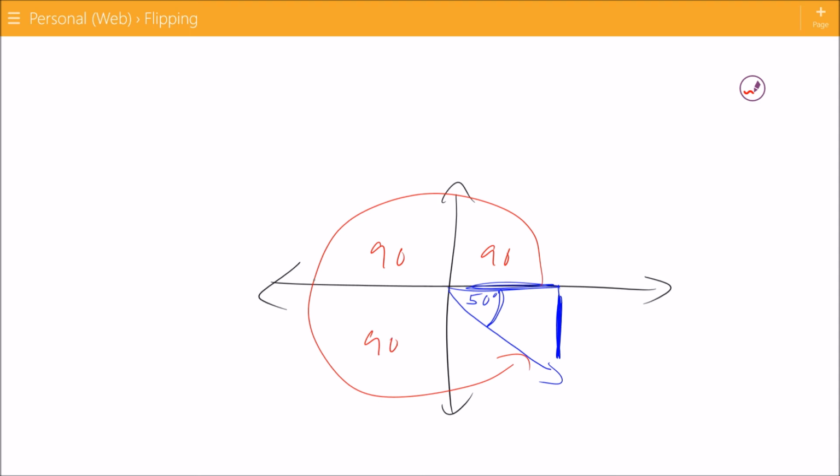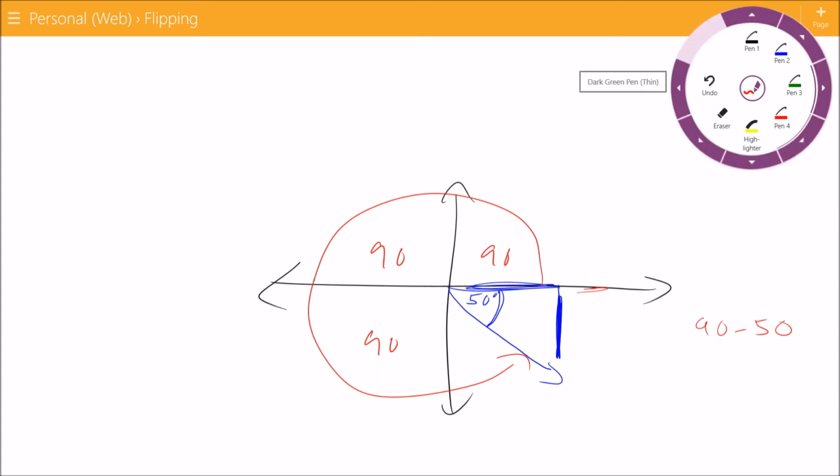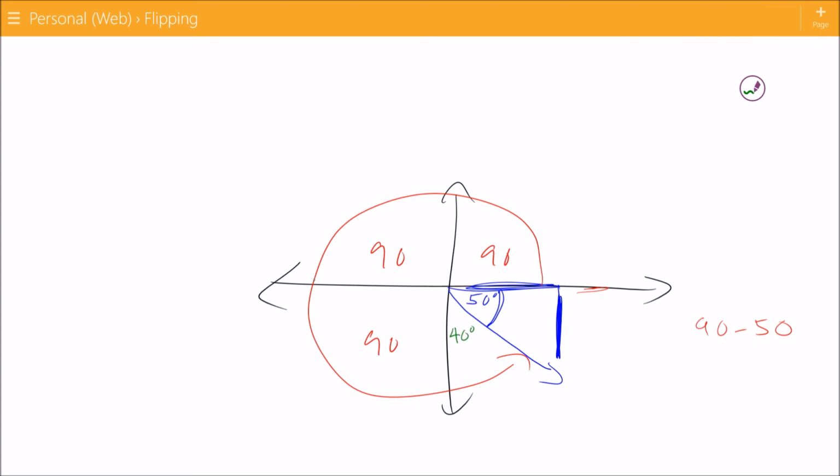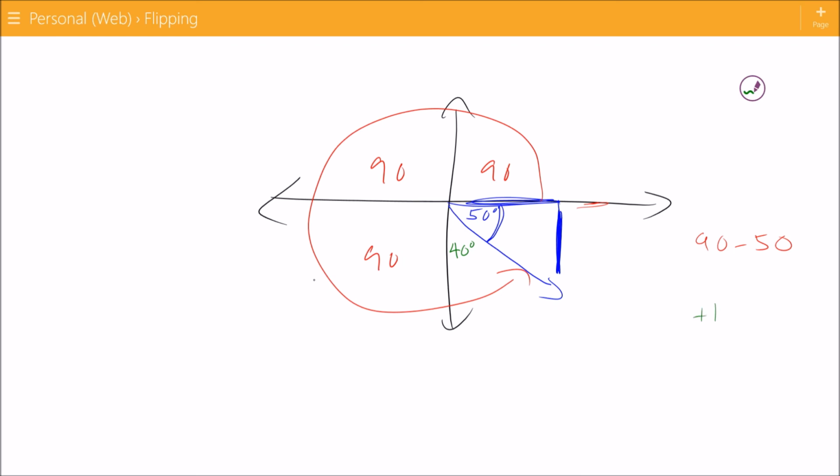Here you can think of it in two different ways. You can either think of adding 90 to get all the way back up to your x-axis. That's 360 degrees. Four 90-degree amounts added together is 360. And then subtracting the 50. Or you can say, well, if I know that this bit over here is 50, this has got to be 40 degrees, and then just adding 40.